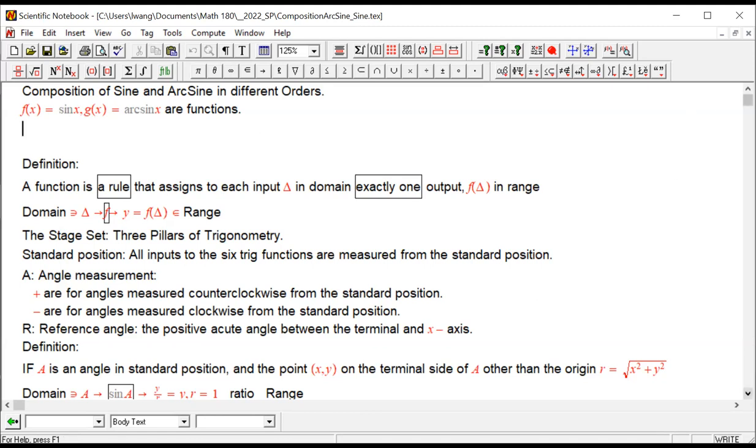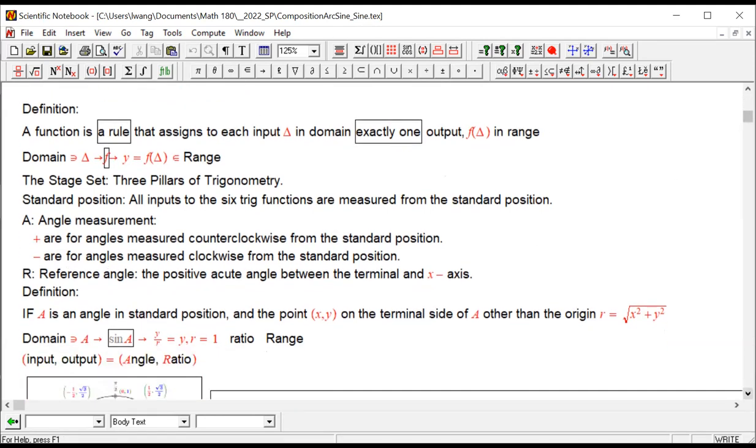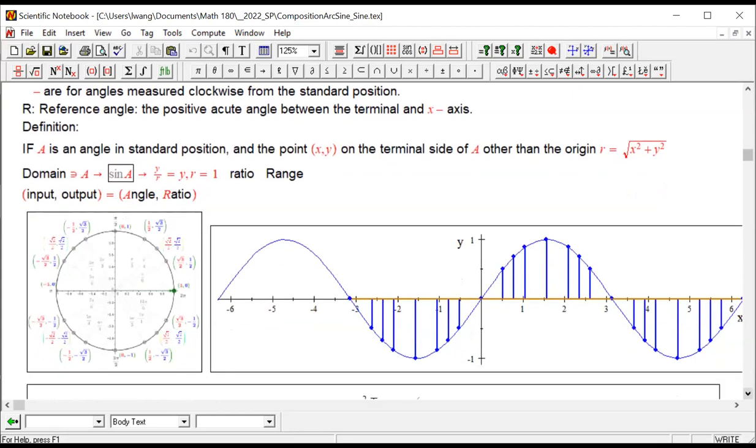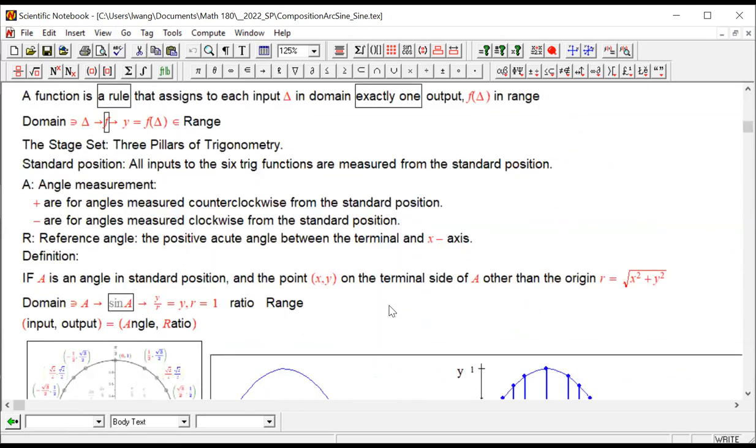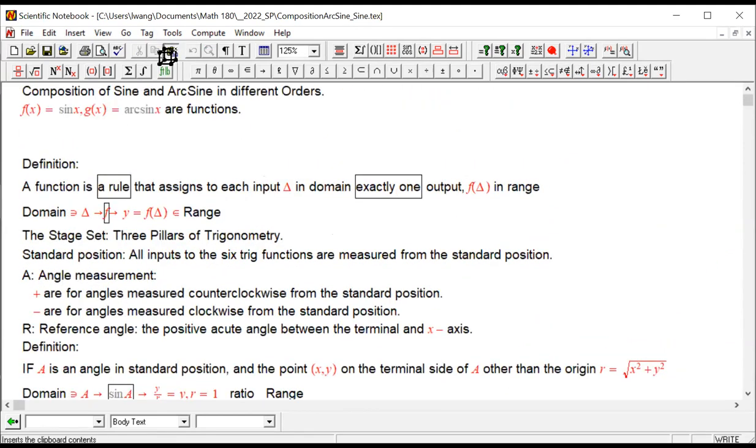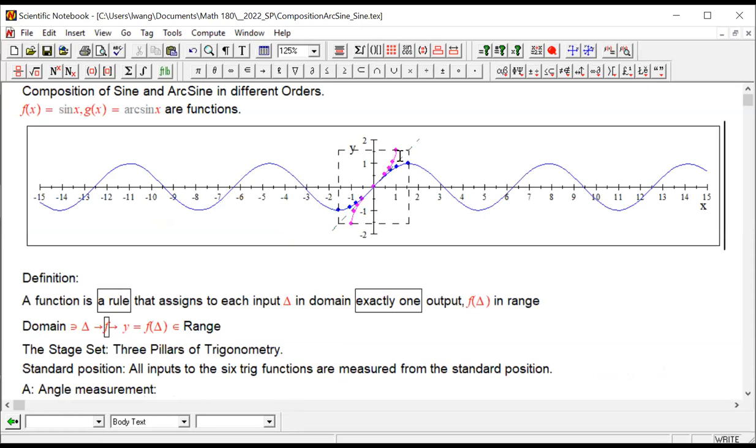To review that, I'm going to bring up these graphs. This is the visual. I changed the color to purple, so this is much easier for arc sine.